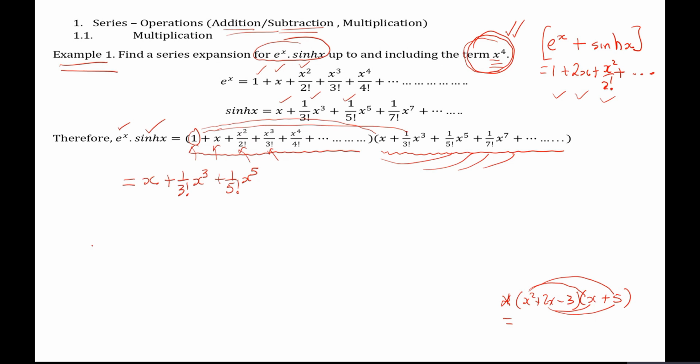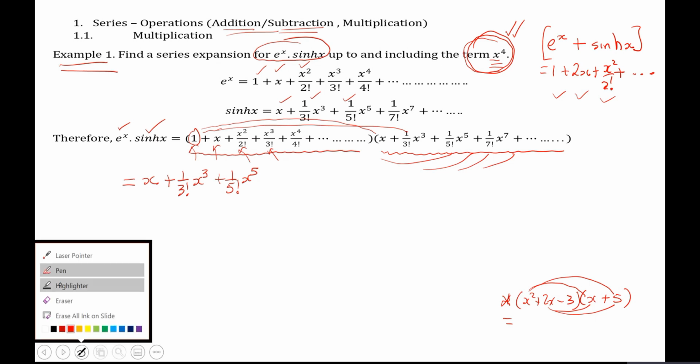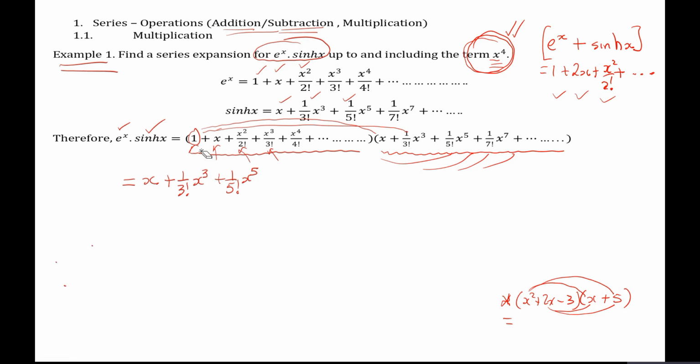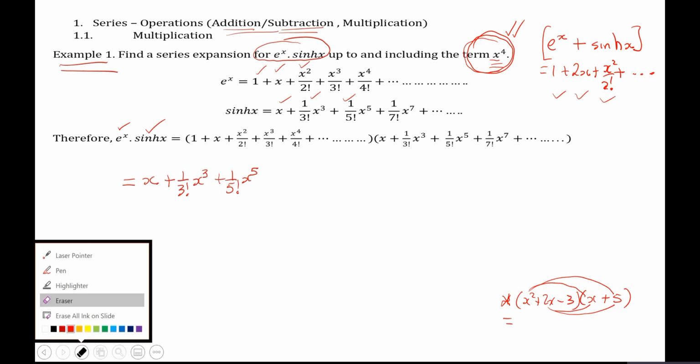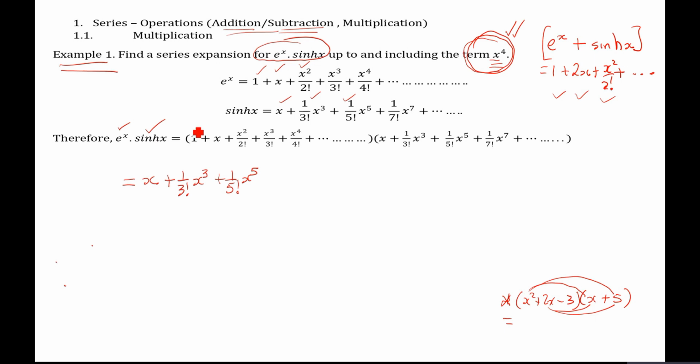Okay, then the next one. Maybe just to make sure you are following what I'm actually doing, let's just take this eraser and remove all this. So the terms that I have so far are the terms that I get when I multiply by 1. Now I must take x.